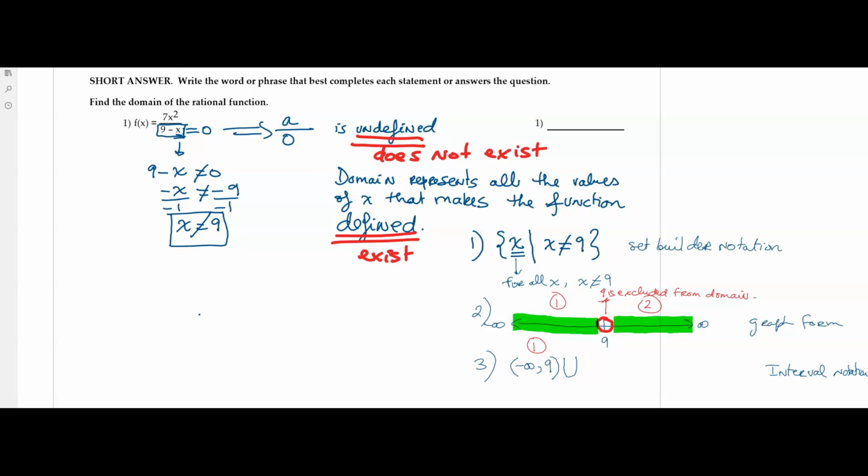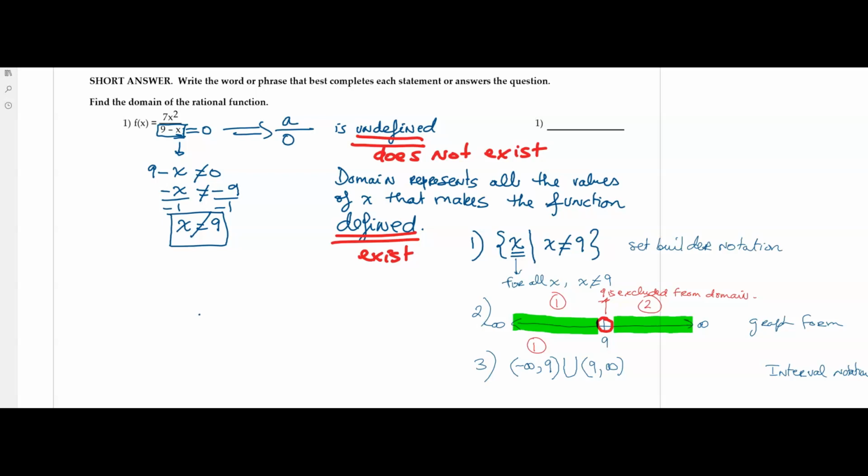So I'm opening the parentheses to show that 9 is excluded, and then from 9 to infinity, and then close parentheses because infinity is a number that we do not know. Okay? And that's it. And you notice that I started from left to right in my interval notation.